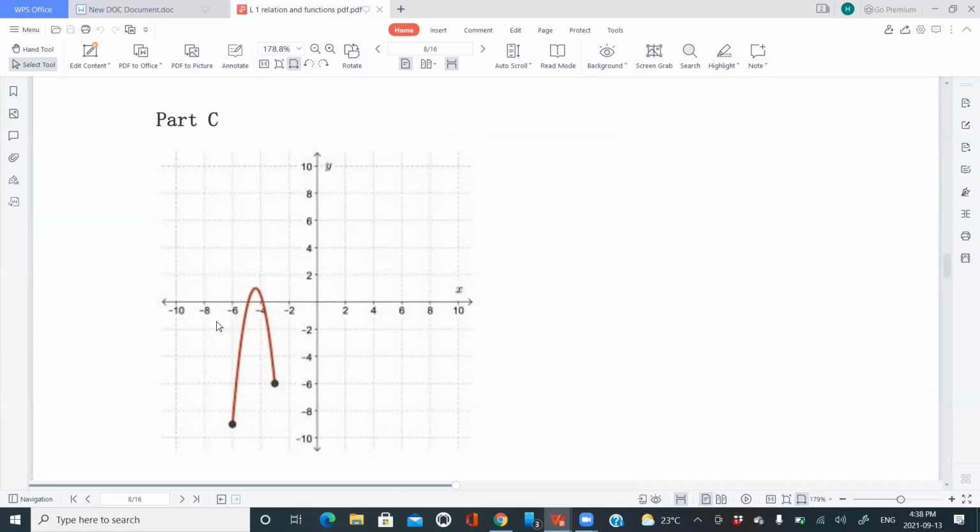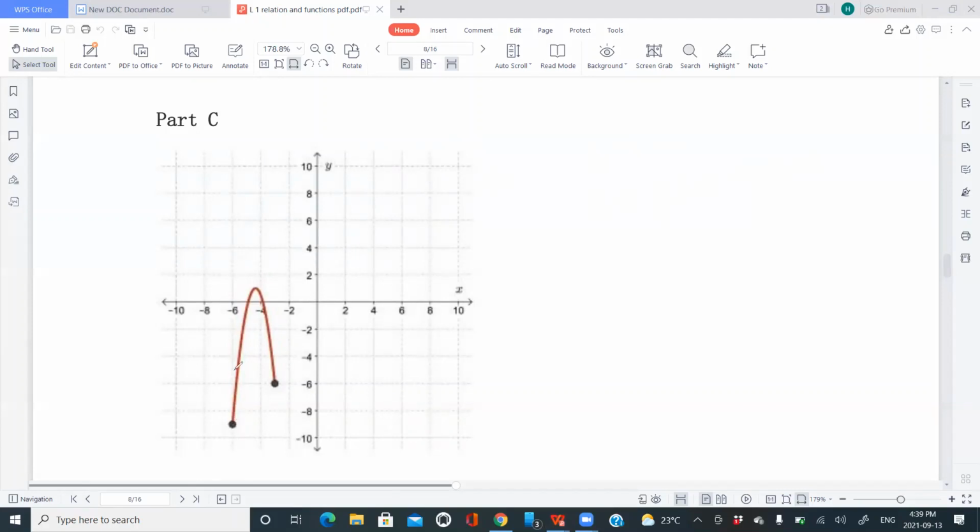What about domain? This is kind of tricky. You can see these dots. That means at these places this function stops. It is not extending.